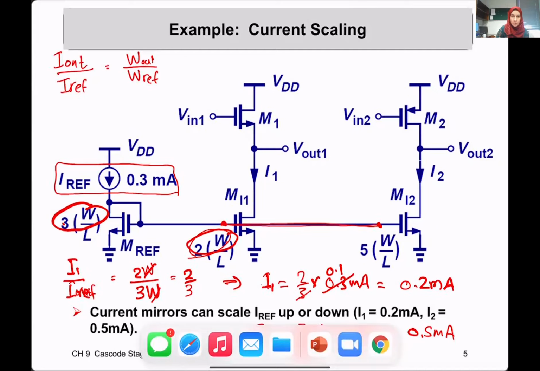Let me share something with you. So now assume I have a current I want that is going into ground, and I want a current to be copied here.